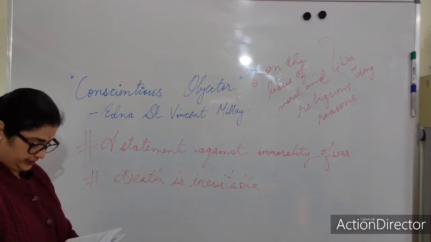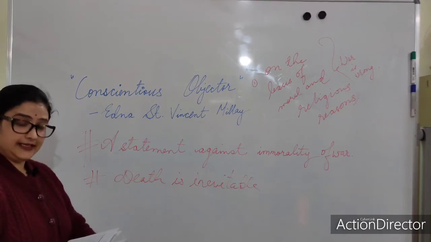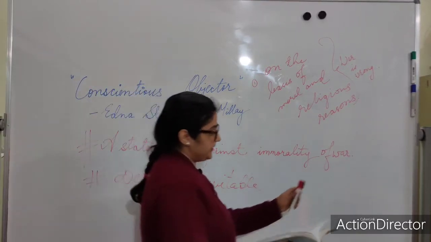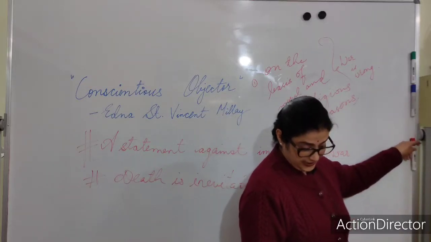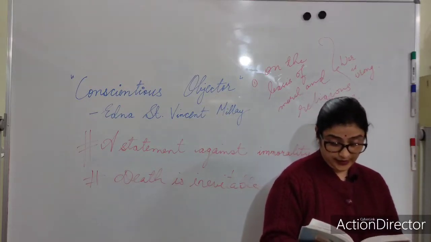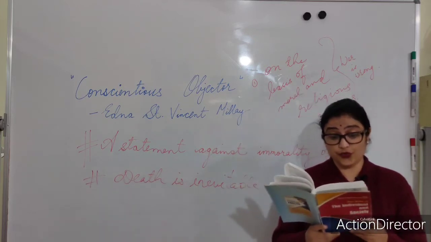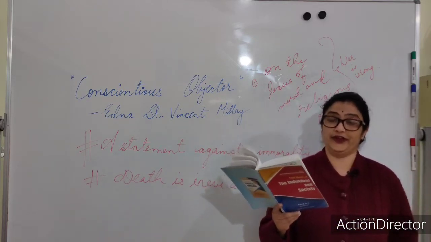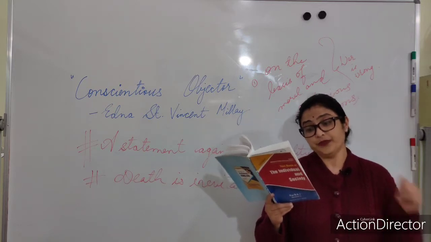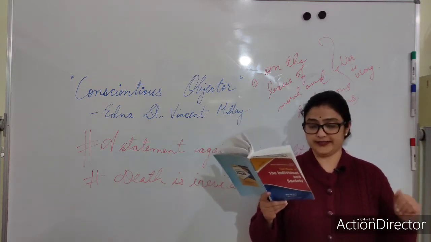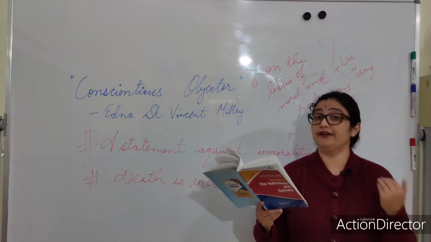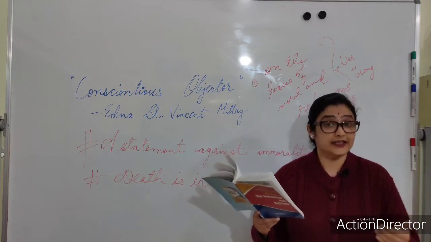Now let us read the text. It says, I shall die, but that is all I shall do for death. Now very interesting it is, you know. What she says is, I know I have to die. Death is inevitable.